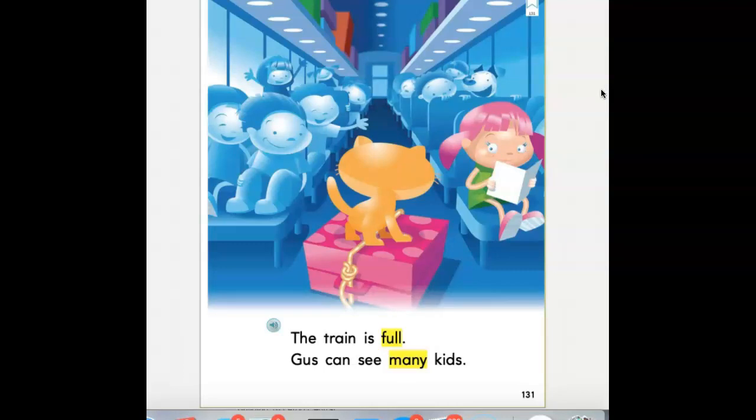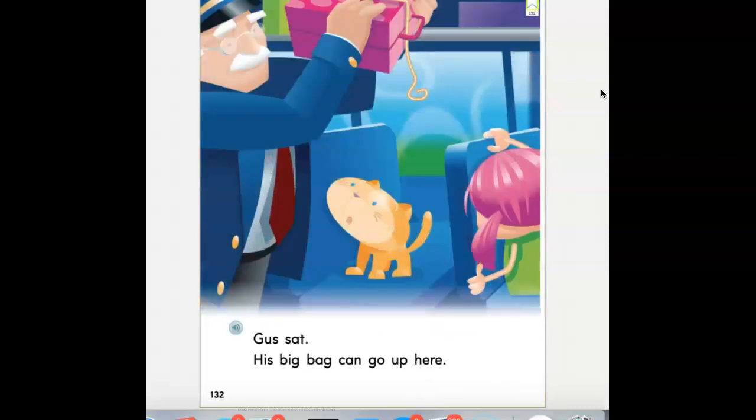Gus sees many kids. Gus sat. His big bag can go up here.